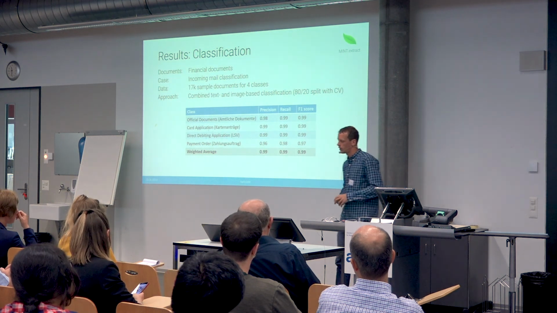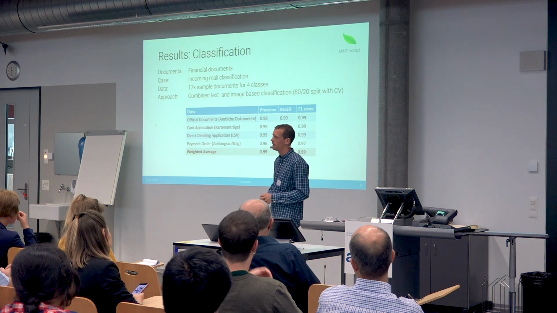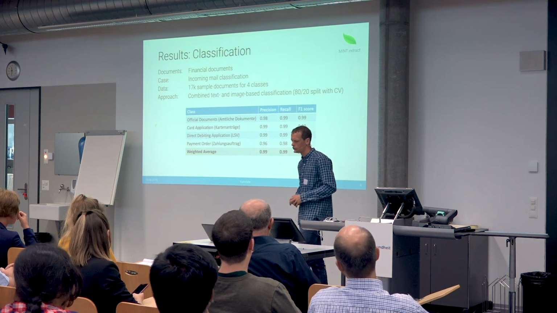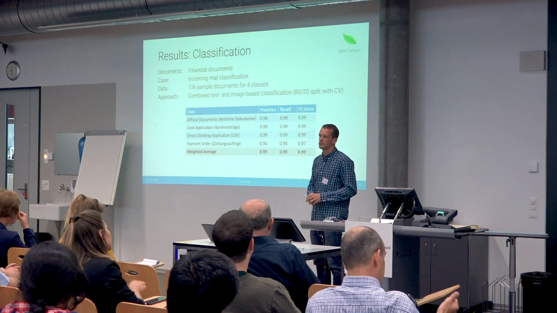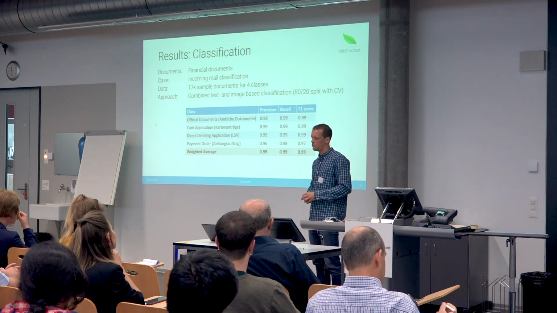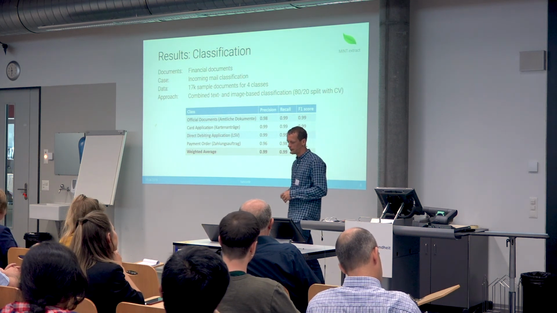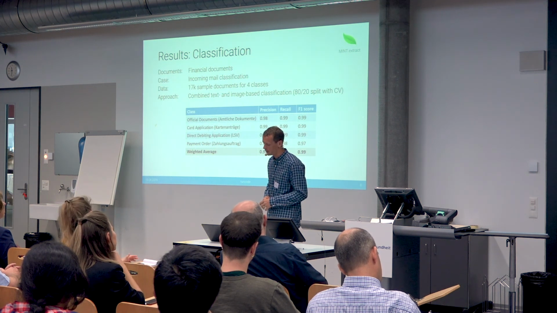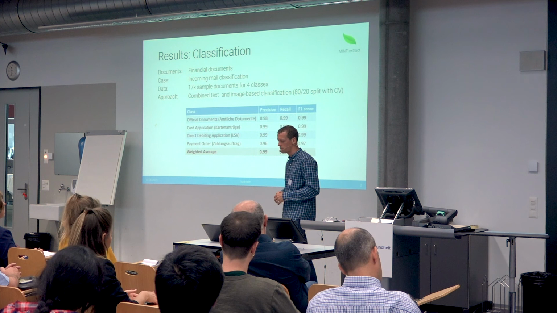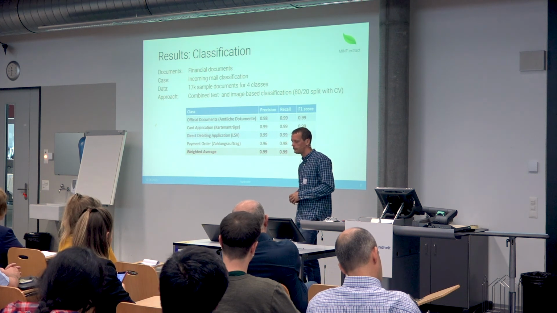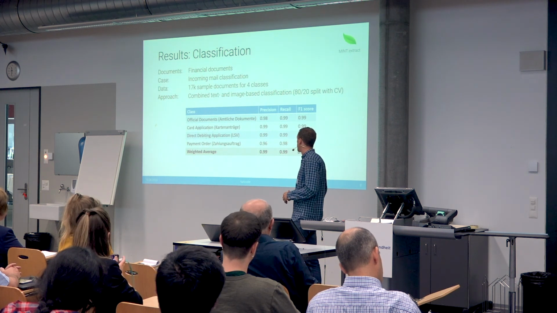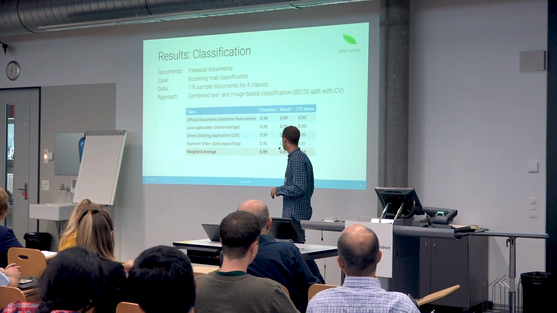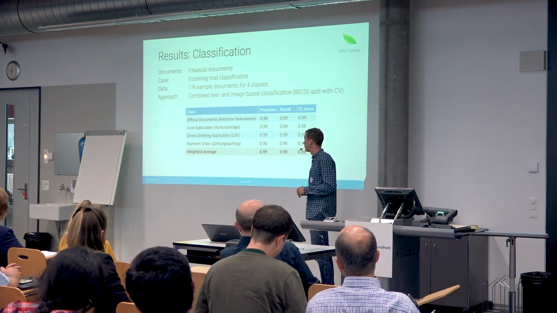For text classification, we experimented with various approaches, bag of words and random forest being a very trivial one, and then some more sophisticated, such as pre-trained AlexNet or pre-trained ResNet 34 or ResNet 50 that we applied to the data set. And then finally, when we combined the 2 techniques, we were able to achieve these results.